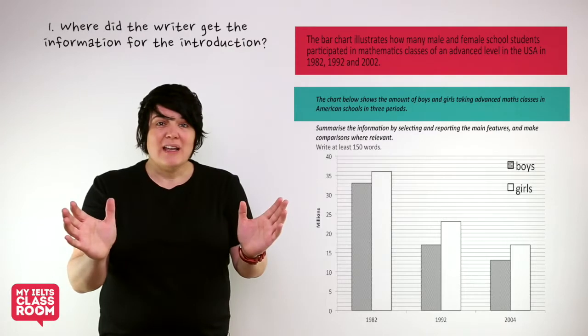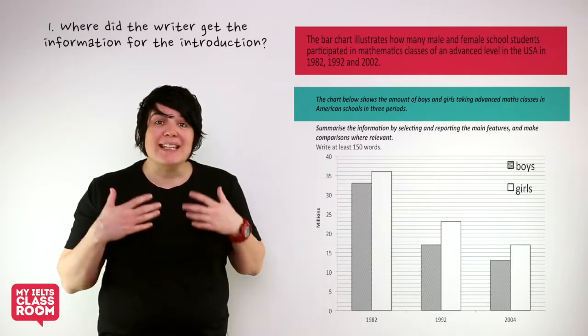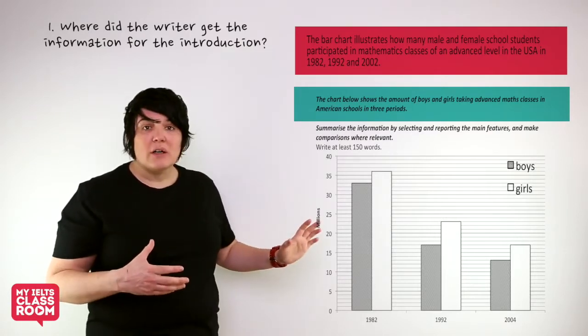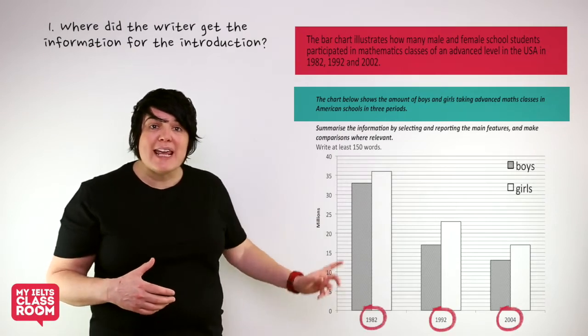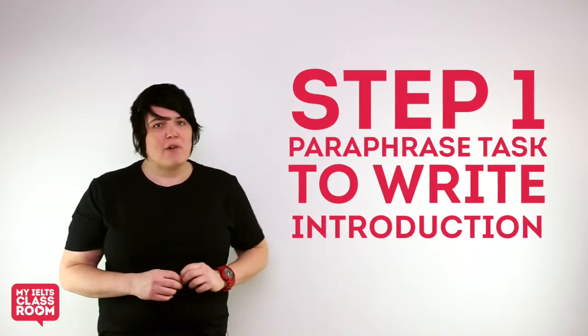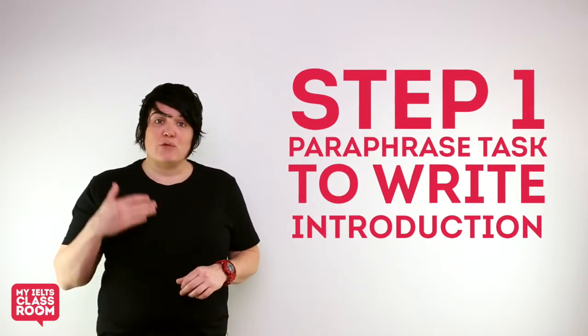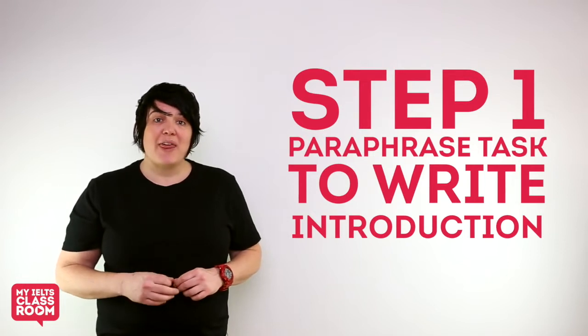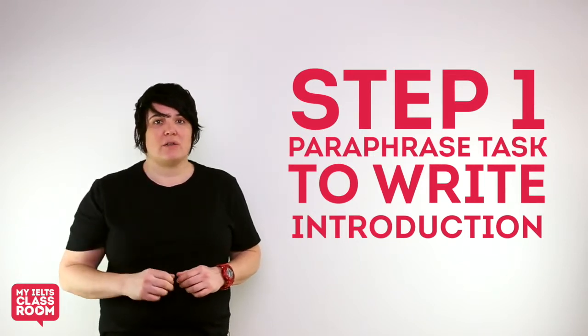In fact, the only time the writer needed to look at the chart was to find the 3 years that the chart describes. So, step 1 in our recipe for success is writing an introduction that paraphrases the task.